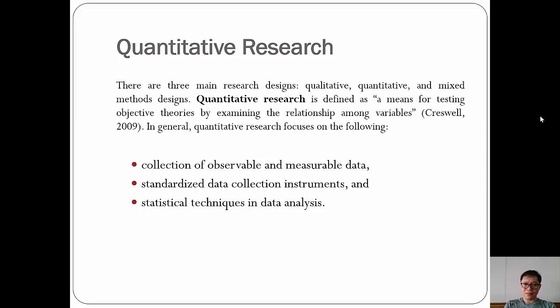What is a data instrument? A data instrument is maybe a form of a survey questionnaire. And it depends upon what type of statistical techniques you're going to use. There's a lot. If you already have a subject in statistics, you can ask your teacher what types of statistical techniques can be used on a research. Okay?